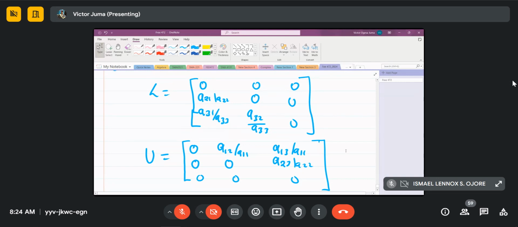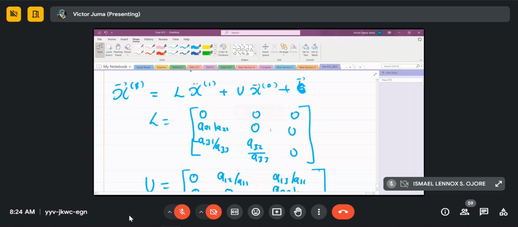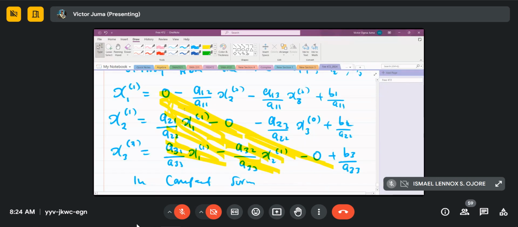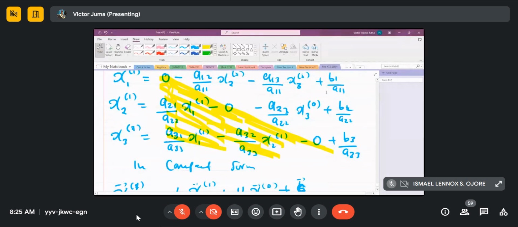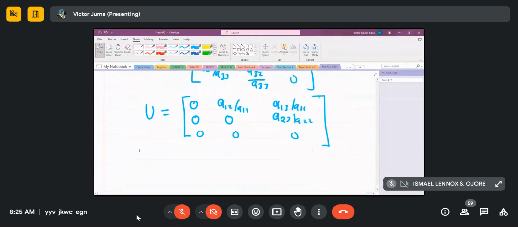So first of all, is this okay? I've just taken this and then I split this into 2 parts. I'm just trying to skip some steps. So if you continue this way, we get, what do we get?